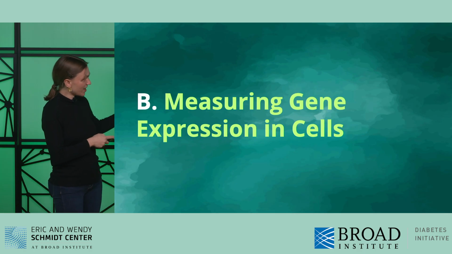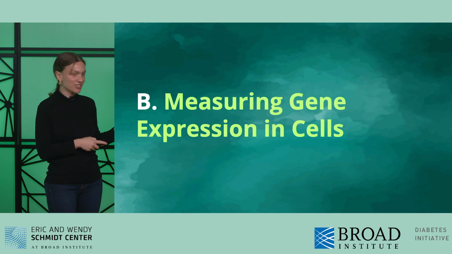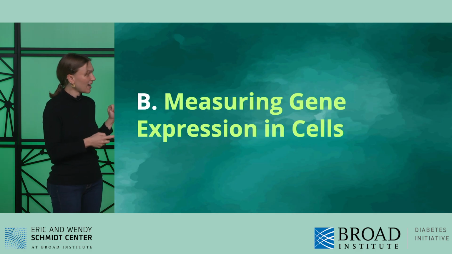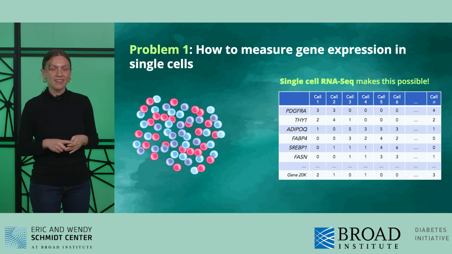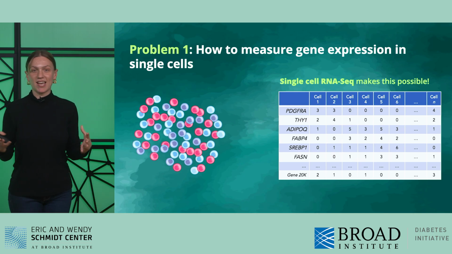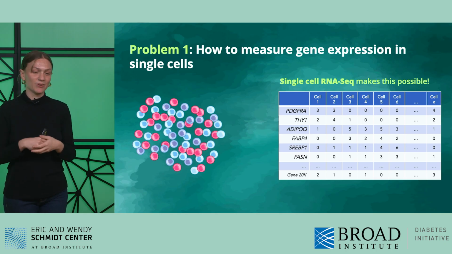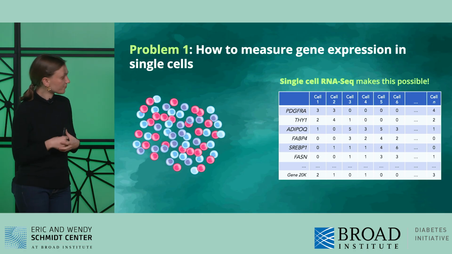Talking about the first technology, which we use to measure gene expression in cells, this is called single-cell RNA sequencing. It's really revolutionized our ability to do cell biology and to understand the cellular states that drive disease.